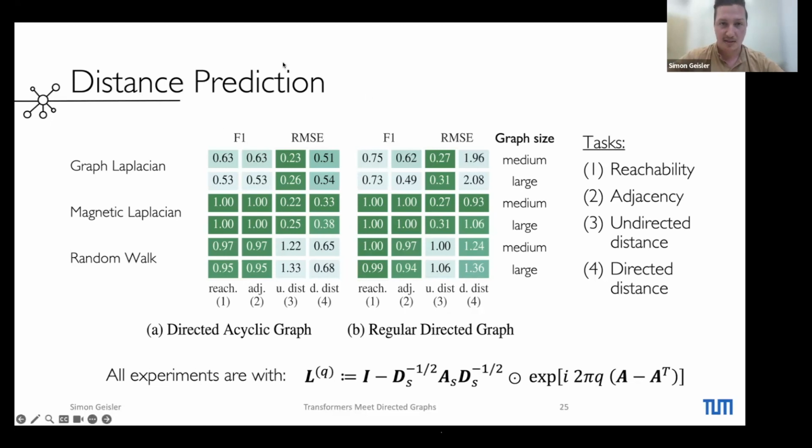There are some questions in the chat. The question in the beginning was, how do you represent the position of a node in a graph if you don't have a sequence? For example, the source may point to two different nodes. I guess that's the whole purpose of these positional encodings that you're developing.